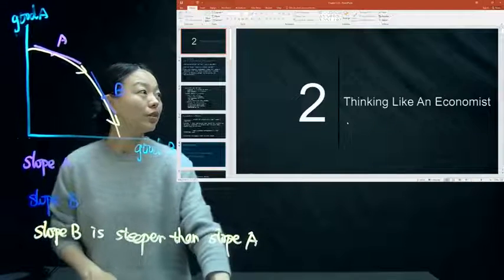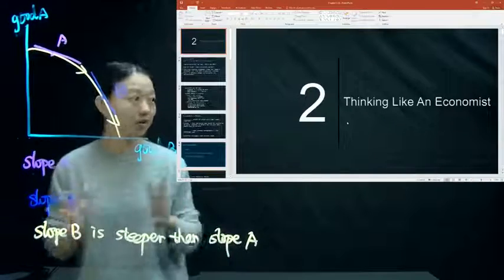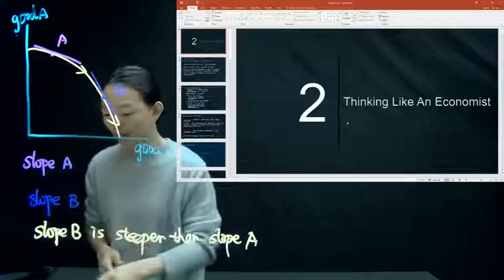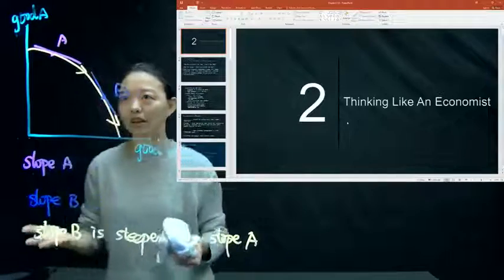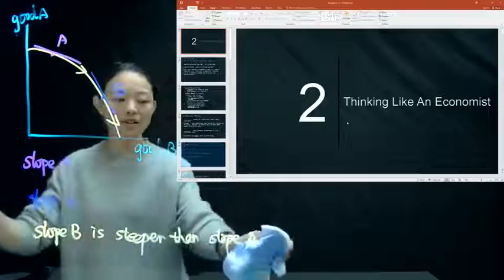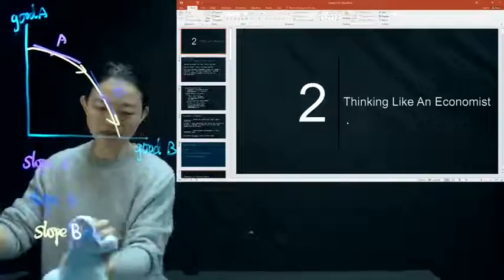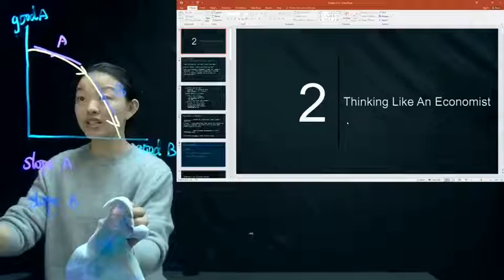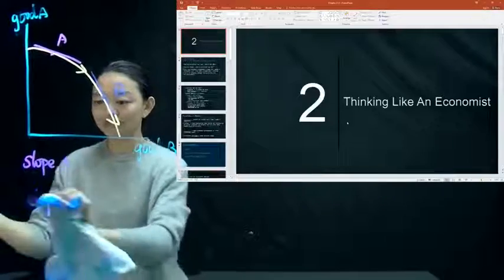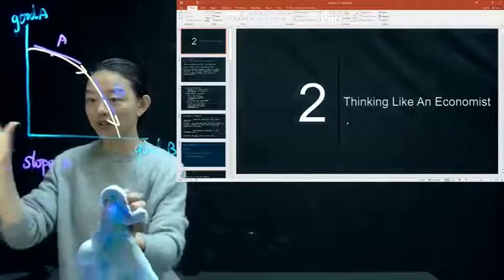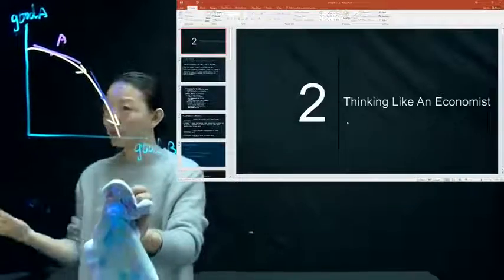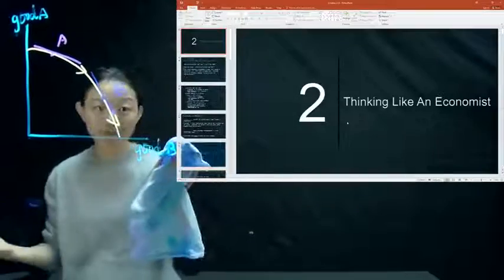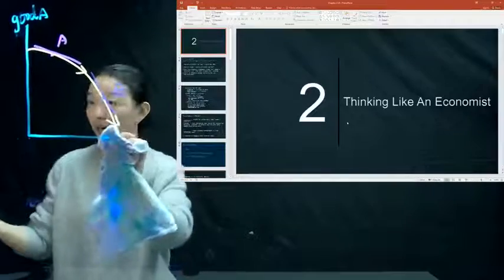Okay, so those are the concepts, or the content for this chapter. And as I mentioned, in this chapter we also talk about microeconomics and macroeconomics differences. Microeconomics, as you can see from the word micro, means small, which means we focus on one household, one firm, one market.